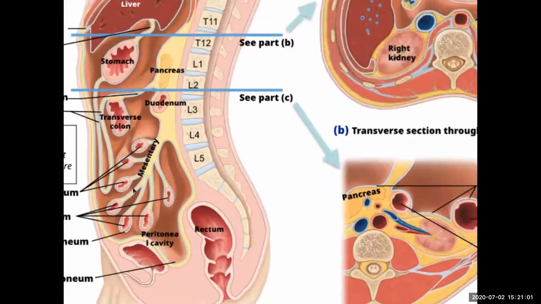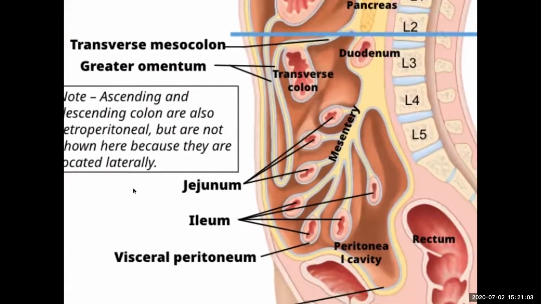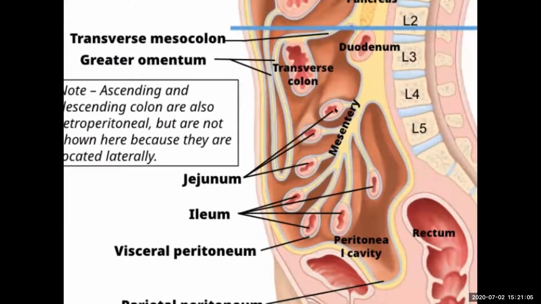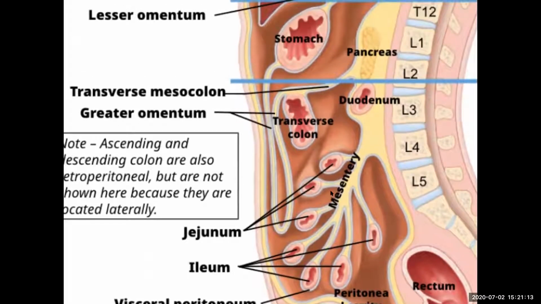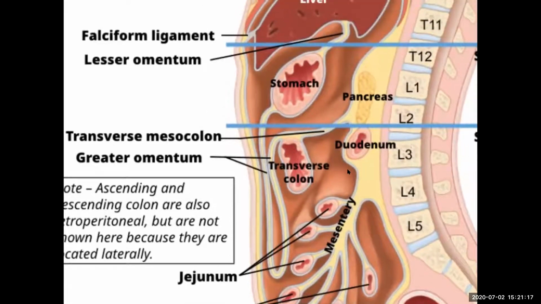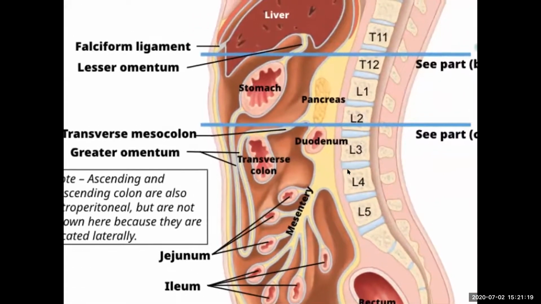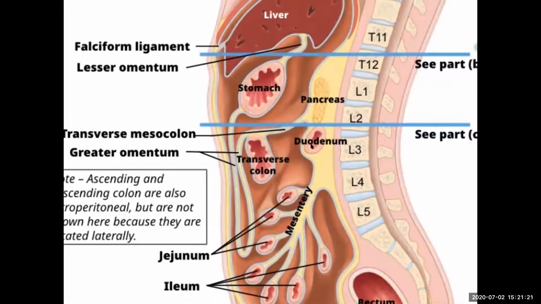And the intraperitoneal organs, you can see most of your small bowel, so most of your small intestine, okay, except for the very beginning part of the duodenum. You may need another image for that. So duodenum is actually partially intraperitoneal and partially retroperitoneal.